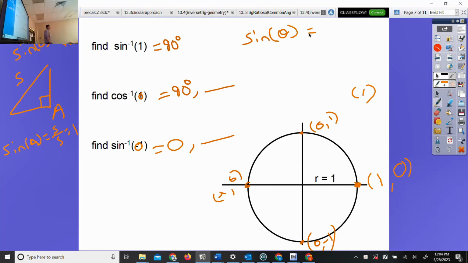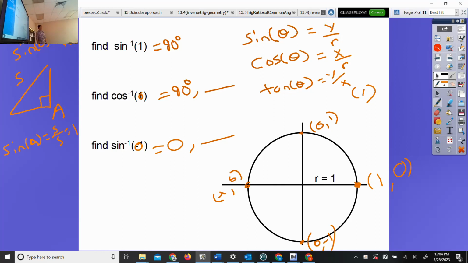On a circular approach, the sine ratio is y over what? Not x, r. On a circular approach, cosine is x over r, and on a circular approach, tangent is y over x.